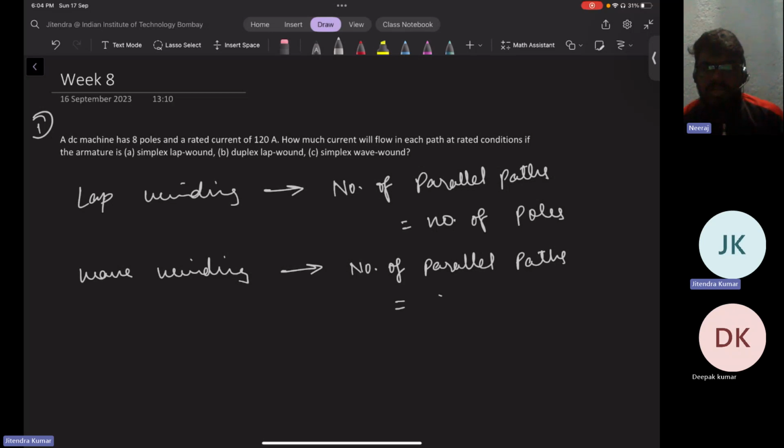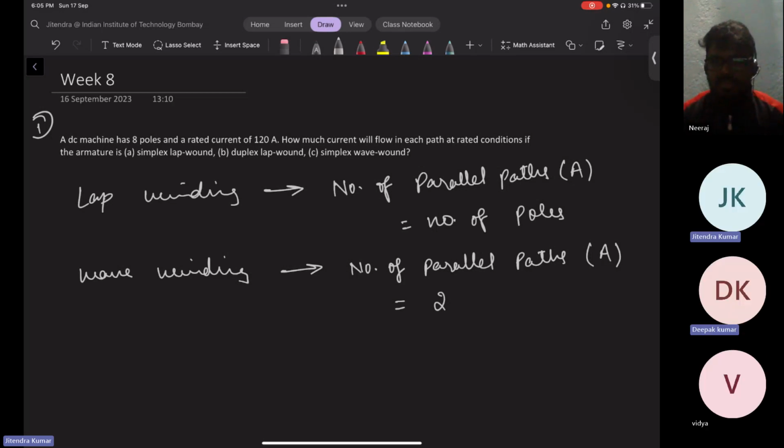Any disadvantage points? No, sir, I can't remember any disadvantages. So you mean that lap winding is advantageous. Deepak, do you agree, or do you have anything else?